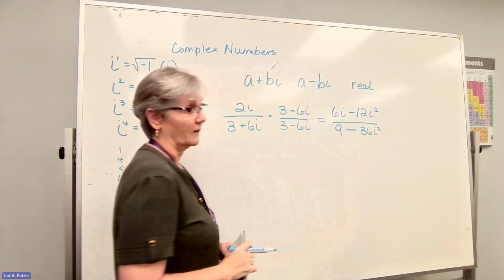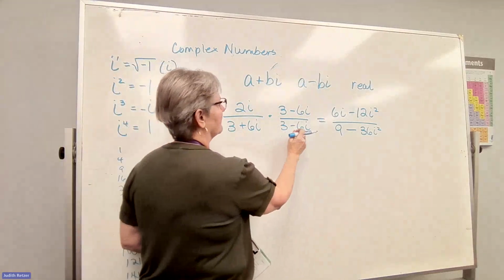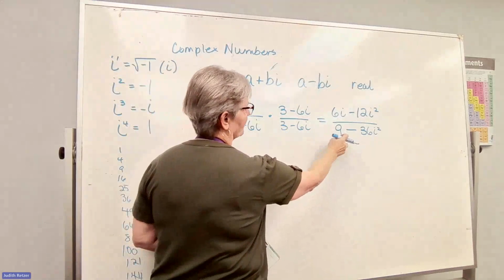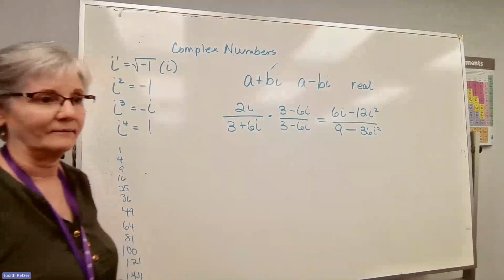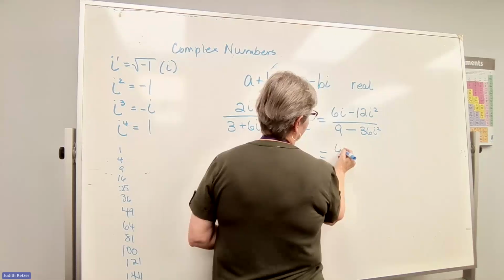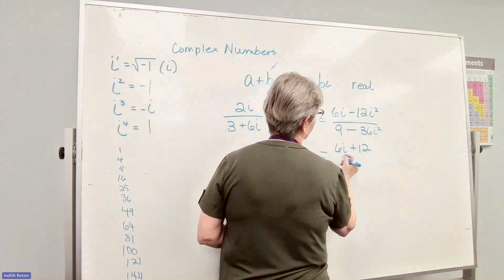Just a minus sign. Why do I need just a minus sign? Because I have a 3 plus 6i and a 3 minus 6i. Square the 3, square the 6, and put a minus sign in between them. So up on top, I have 6i plus 12.